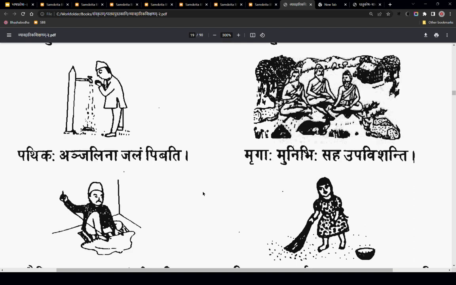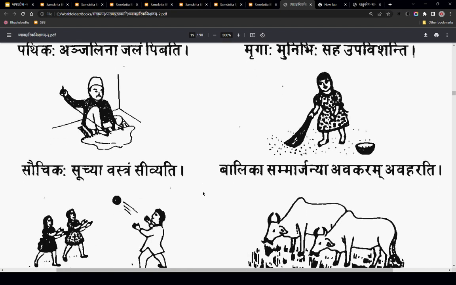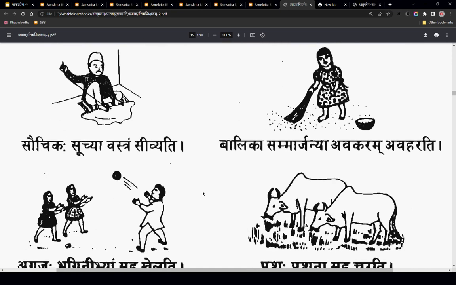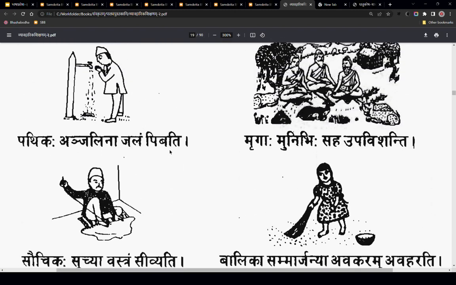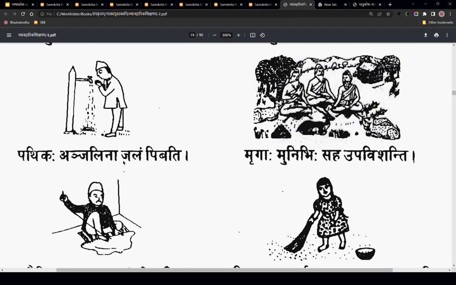मृगाः मुनिभिः सह उपविशन्ति. शौचः सूच्या वस्त्रं सीव्यति. What is the pratipadikam for suchya? Suchi. Dirgha suchi. And anjalina, what is the pratipadikam?